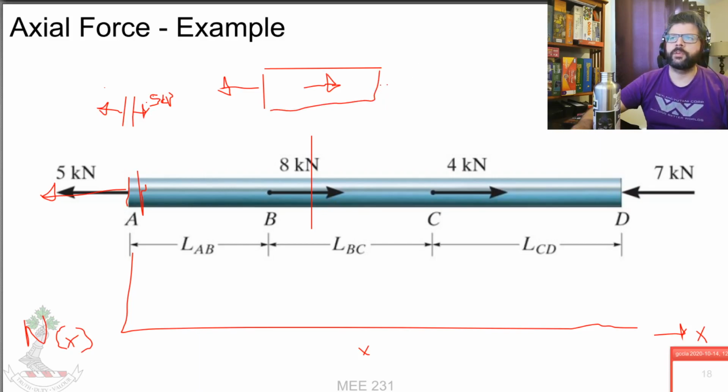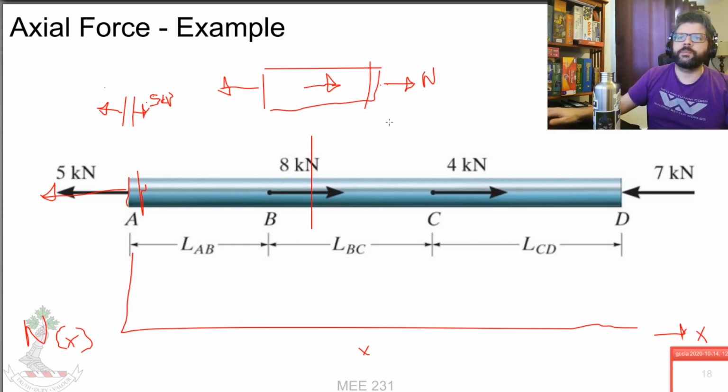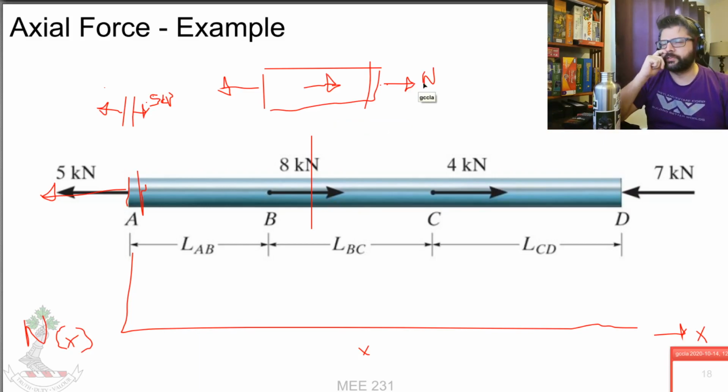So I'm going to draw it on here as our N. I'm going to draw it coming out of the face that we took the slice on, because again, if this was tensile, then if we took a little slice here, we'd have N and N, and that would be tensile. So we assume that the N is tensile, and then we solve for it.